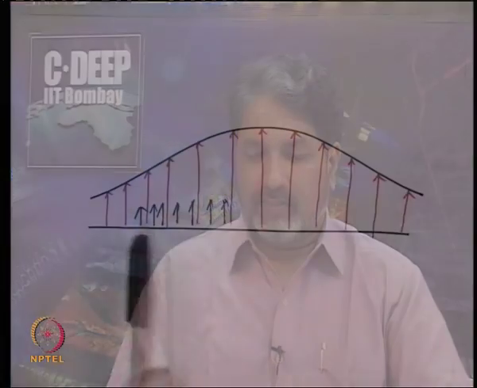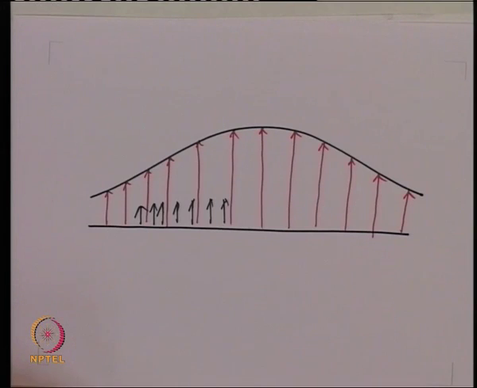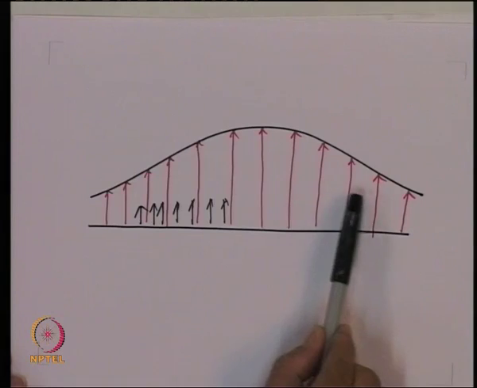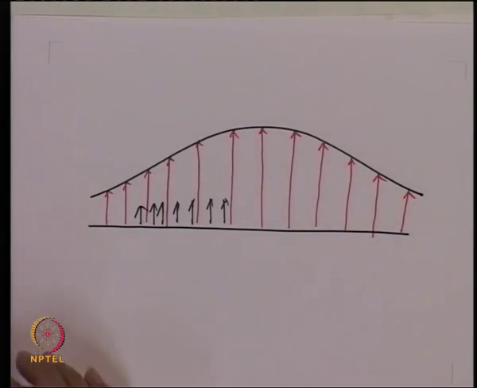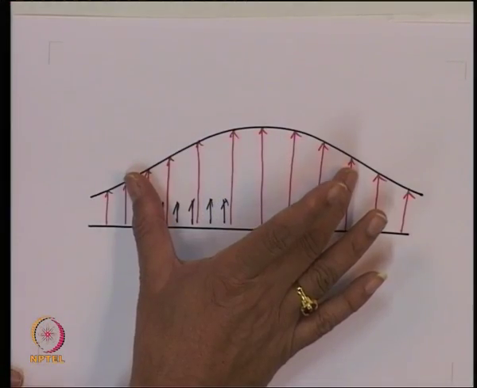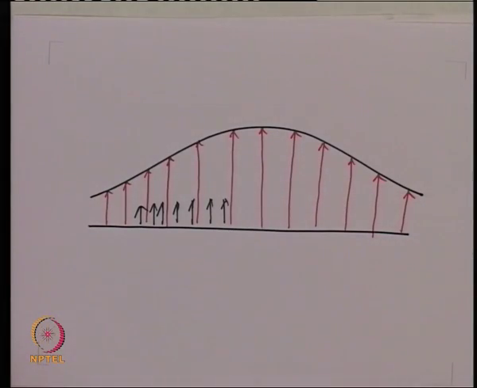So one thing is now very clear, that since the broadening is going to be because of the separation of different carriers within this spectral width of the source, the more the difference between these carriers, the more the pulse broadening. So the larger the spectral width of the carrier, the more will be the pulse broadening. So pulse broadening is now related to the spectral width of the carrier.